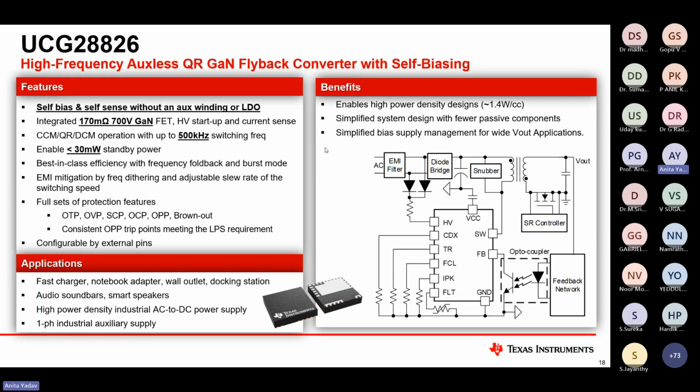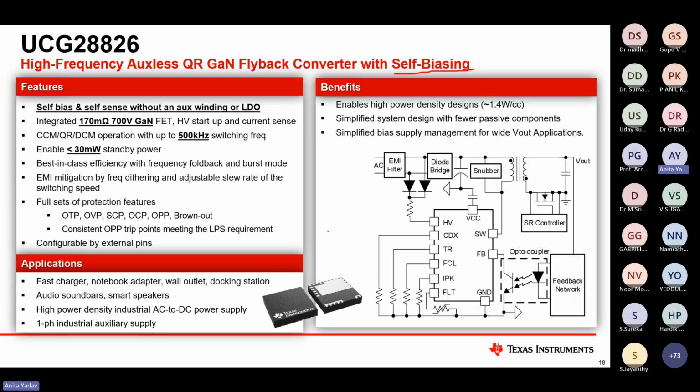So here we have the world's first technology: auxless biasing, a high frequency auxless QR GaN flyback converter, which has self biasing. What do I mean by self biasing? There is no aux winding on the transformer, and the VCC supply is generated inside the converter itself. Another thing I would like to highlight is the two terms I'm frequently using, converter and controller.